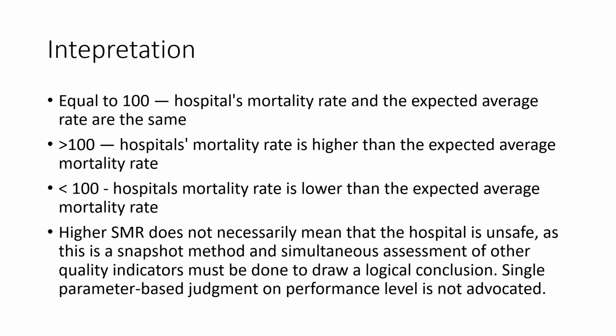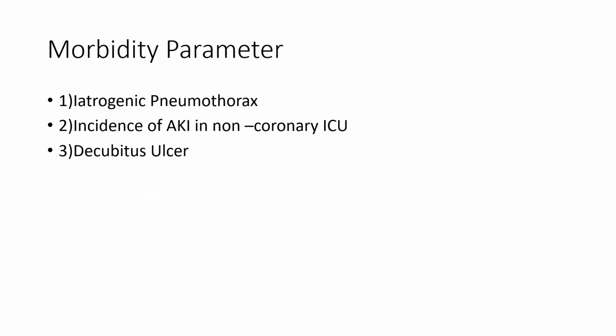Higher SMR does not necessarily mean that the hospital is unsafe. Is not advocated. Now the morbidity parameters are iatrogenic pneumothorax, incidence of AKI in non-coronary ICU, and decubitus ulcer.